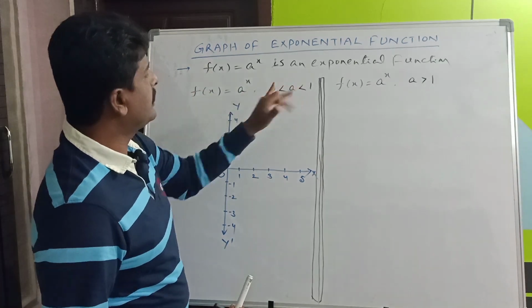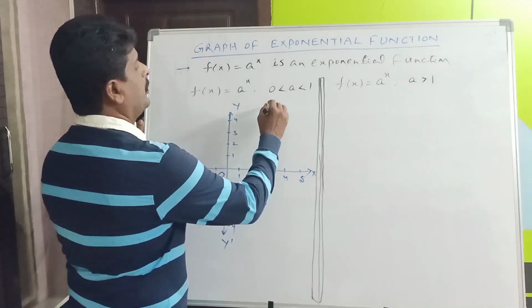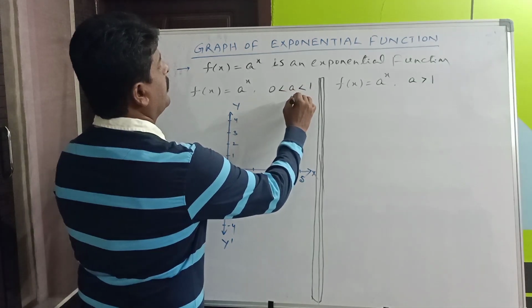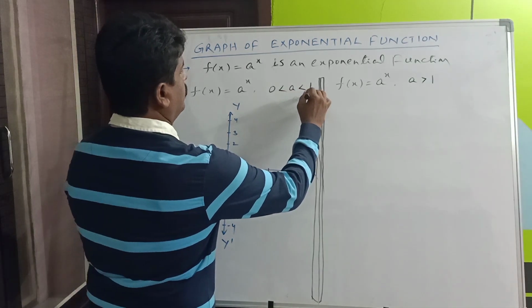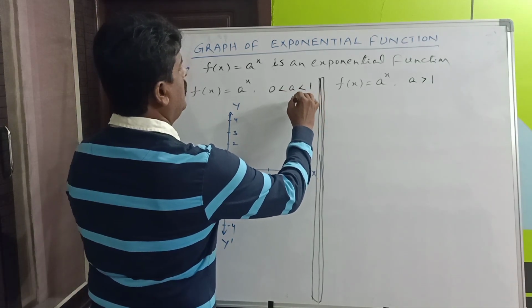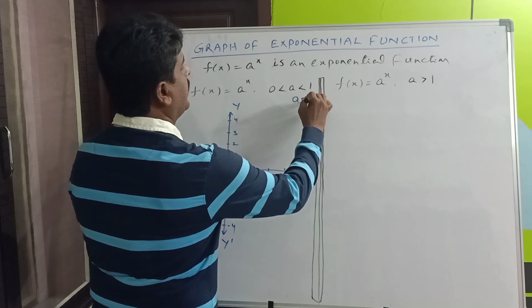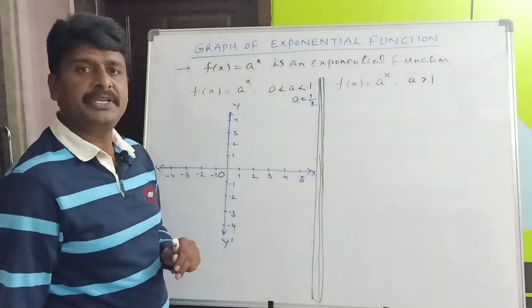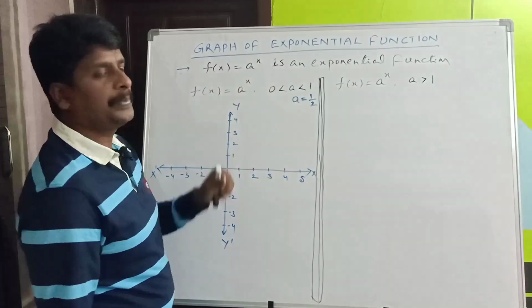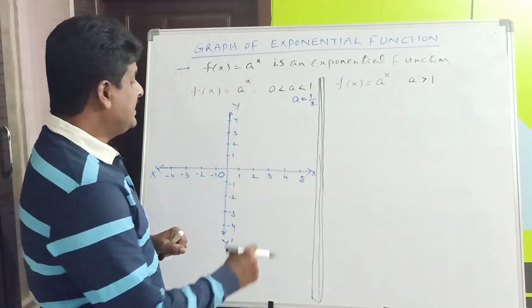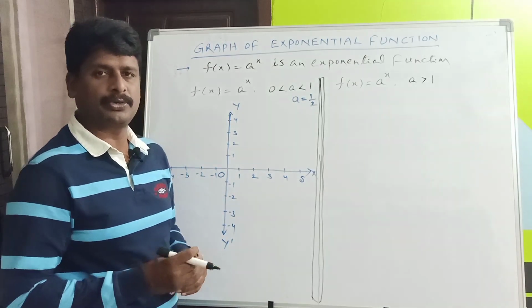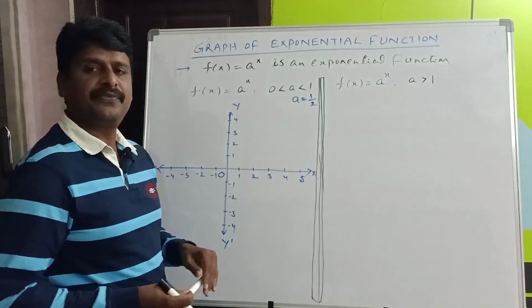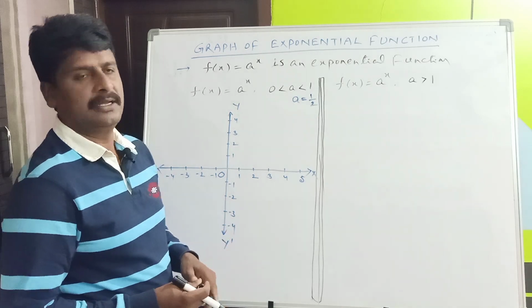0 < a < 1 means, for example, put a equal to 1/2. Then the function becomes (1/2)^x. x is our independent choice, and the corresponding f(x) values depend on it.